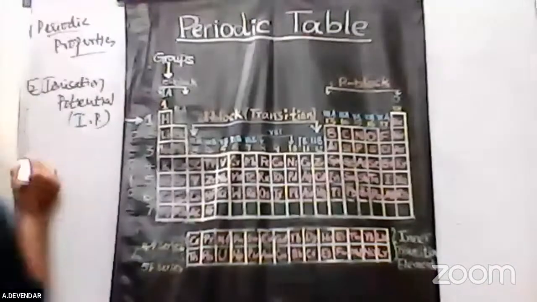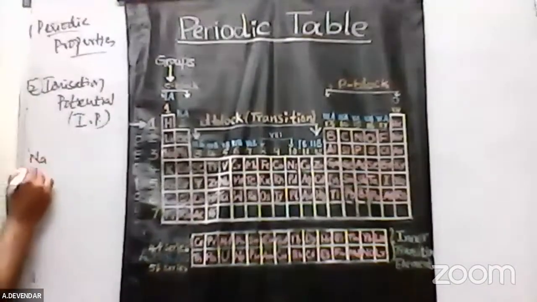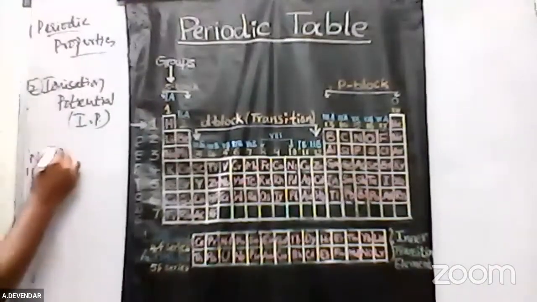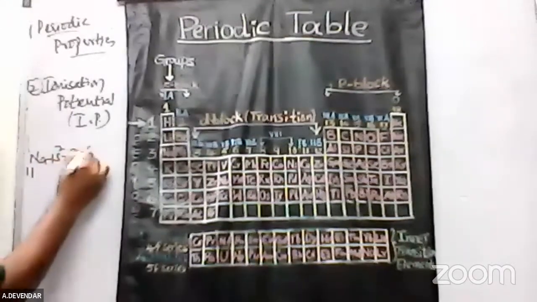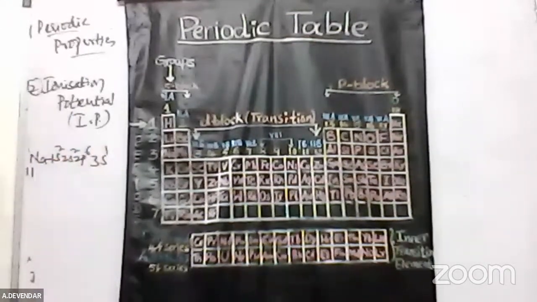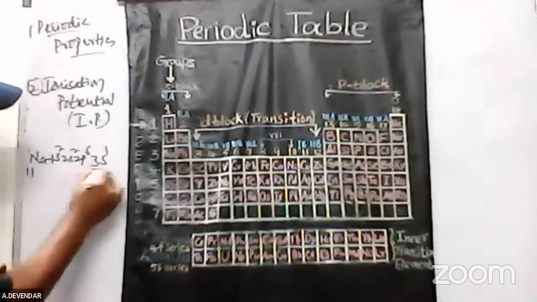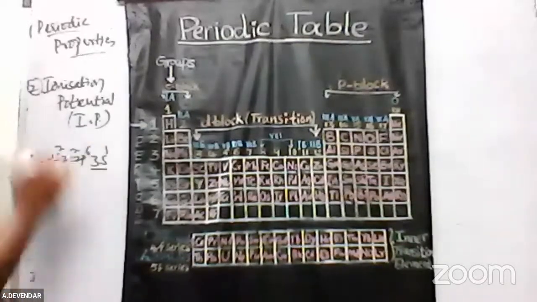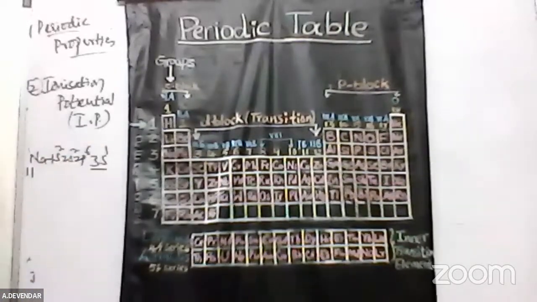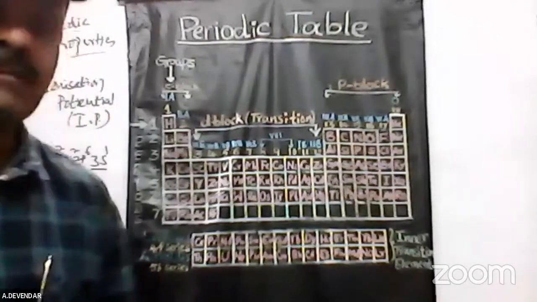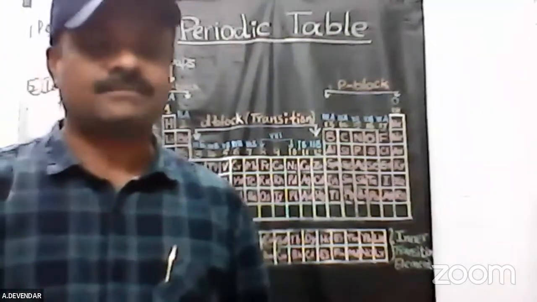There is a beautiful example: sodium, the 11th atom in the periodic table. 1s2, 2s2, 2p6, 3s1. In the last shell, how many electrons are there? The last shell means the third orbit. One electron is present. But for stability, an atom requires 8 electrons.